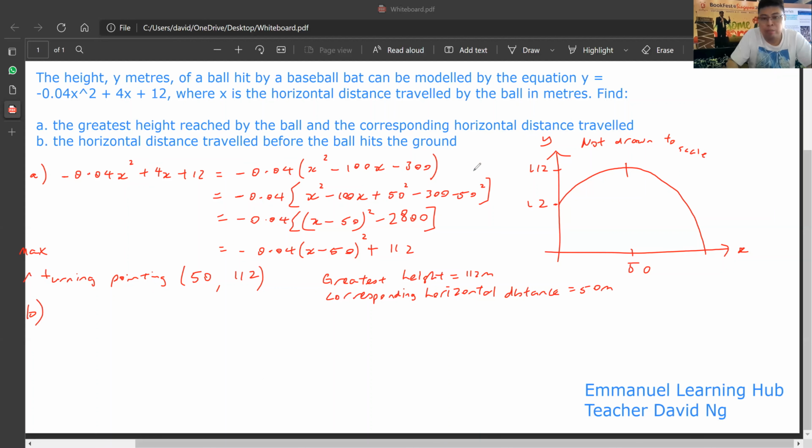Horizontal distance traveled before the ball hits the ground. So you let y be 0. You substitute y as 0.